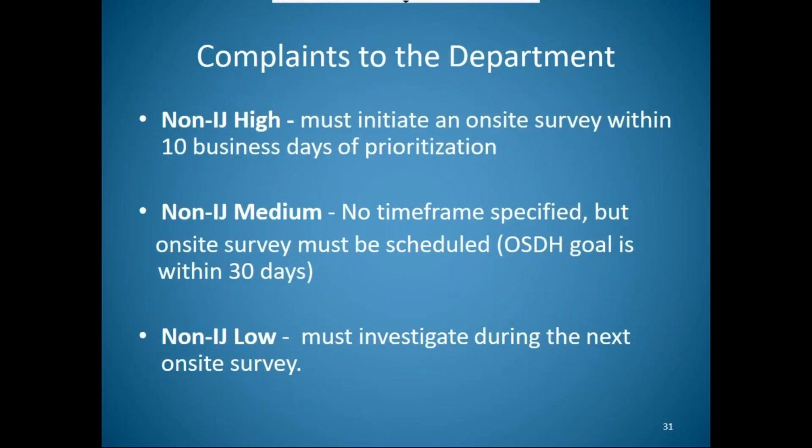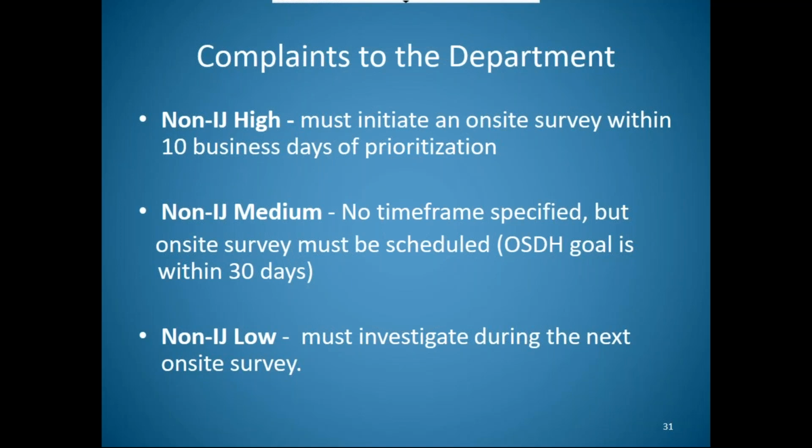The next category is a non-IJ high. It's not quite reached that IJ level, but it's still pretty serious. The survey teams will be in that facility within 10 business days of the prioritization. The non-IJ medium has no time frame specified, but an on-site survey has to be scheduled.